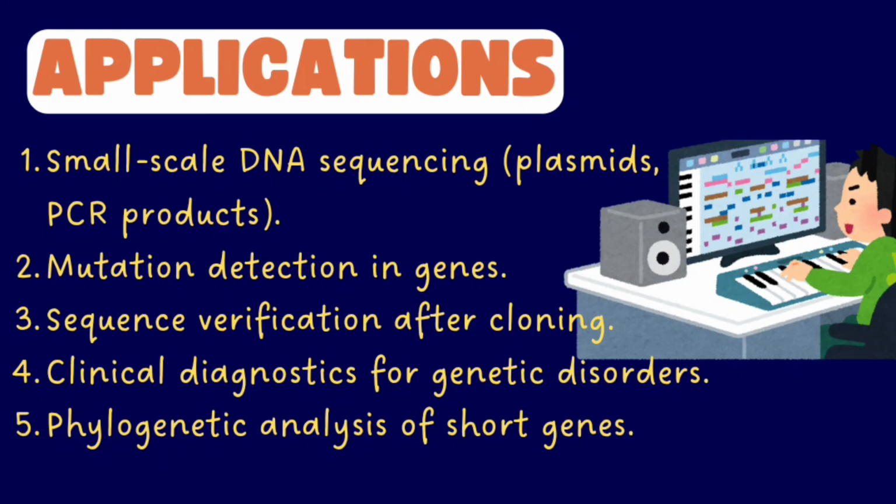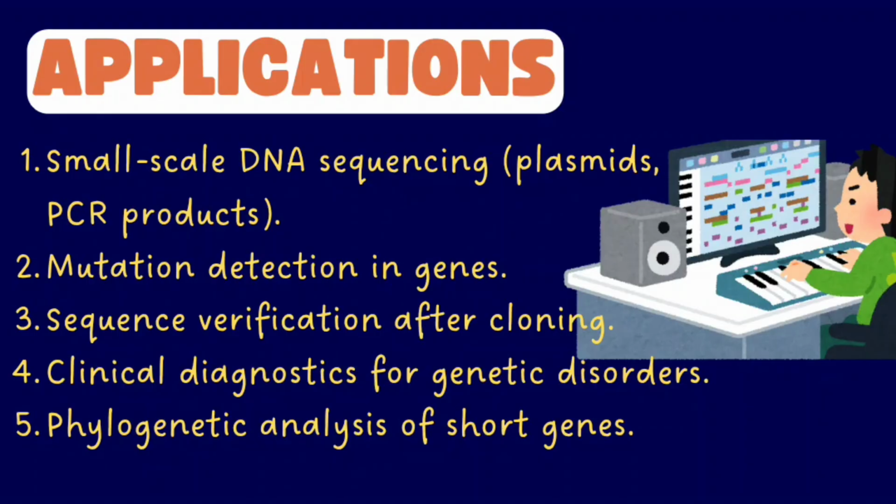The applications of DNA sequencing: small scale DNA sequencing is required for plasmids or PCR products. Then with the help of this method, mutations can be detected. We can do sequence verification after cloning.